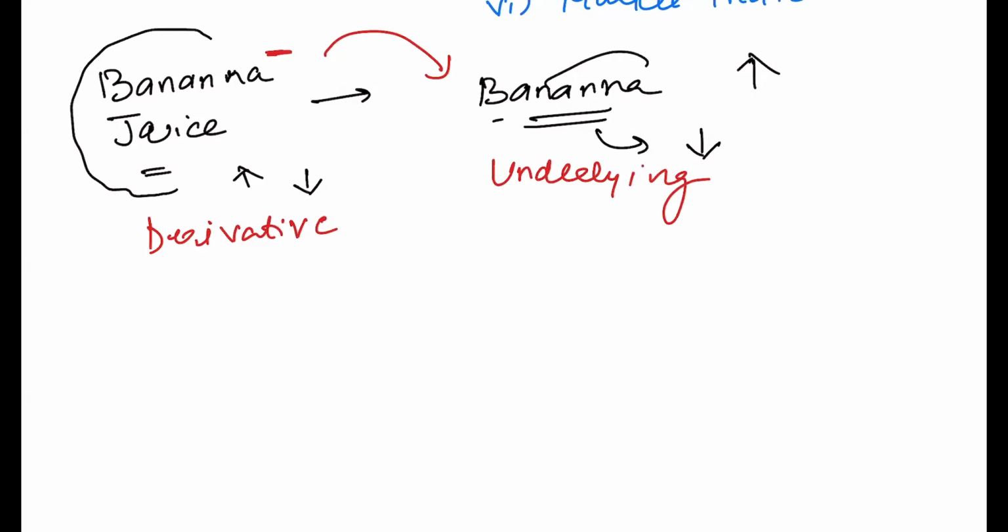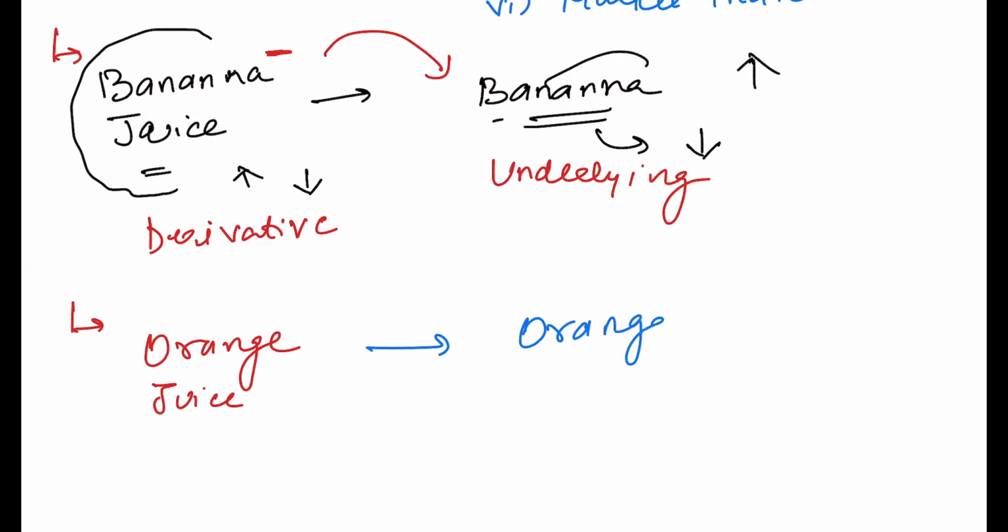You can take multiple examples like this. Let's say orange juice. In this case, what will be the underlying? The underlying is nothing but oranges. If in a given year or in a given month the price of orange is high, it is for sure that the price of the juice will also be high.